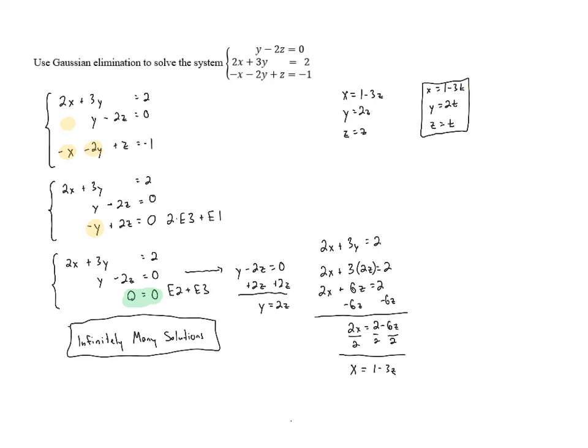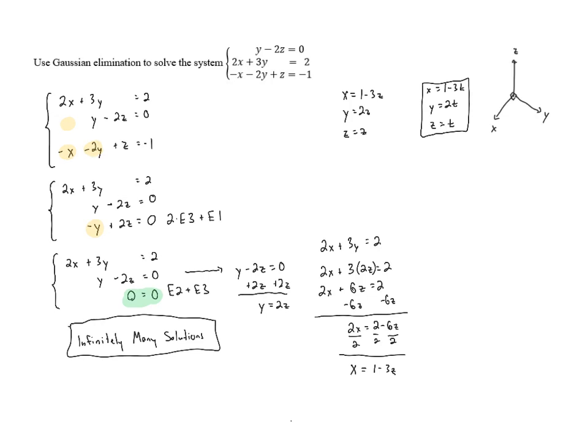You will see later in Calc 3, if you end up taking Calc 3, that this is a way that we can parameterize a line in 3 dimensions, where we've got x and y as the 2 axes in a plane, and then z is actually perpendicular to both of those.